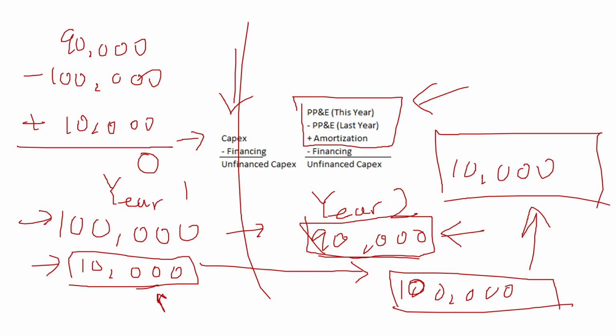That's the math that comes out. But if this year's PP&E is something different than 90,000, then you know that there was capital expenditures. I hope that helps, but it's really easier once you try to digest it a little bit and put it to practice, which we'll do.